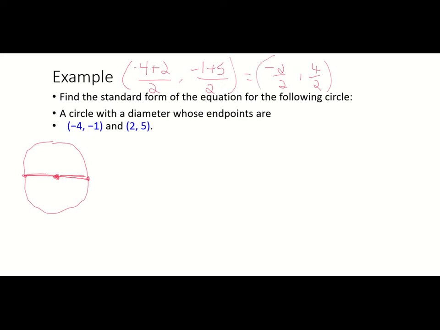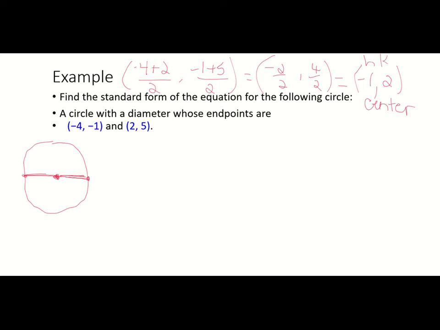So my midpoint is -1, 2, and that is also the center of my circle. That is my h, k right there.